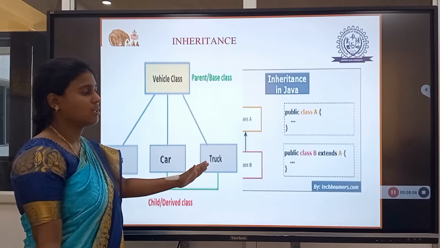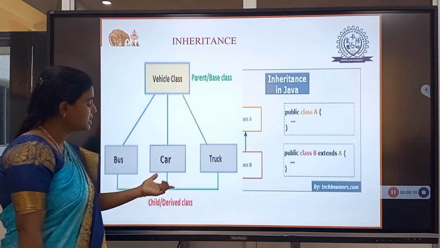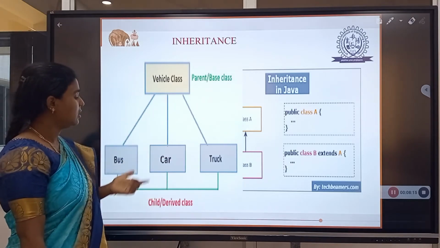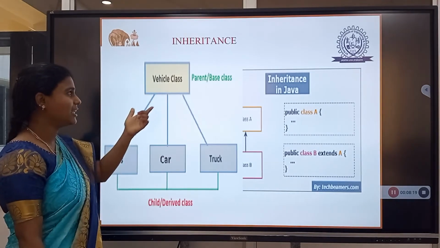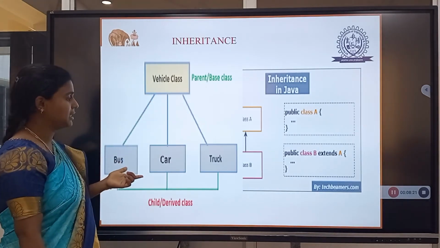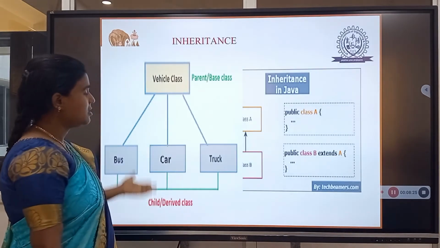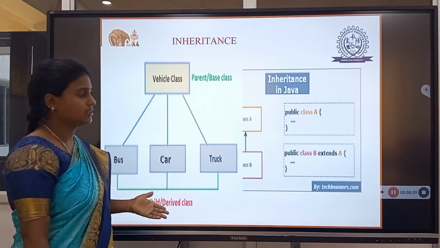It does not only come under single inheritance. Here multiple child classes have been derived from the old class. Vehicle is a common name, and under that we can derive car, bus, truck, lorry, anything. This is the best hierarchical definition of inheritance.